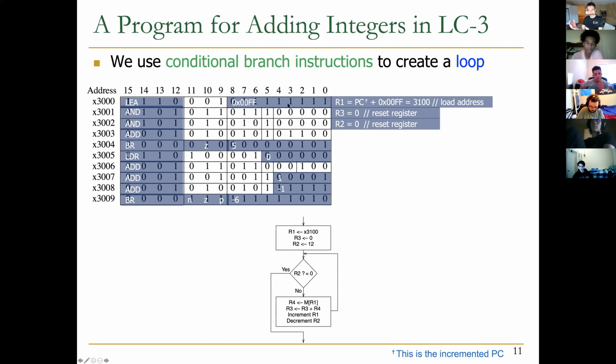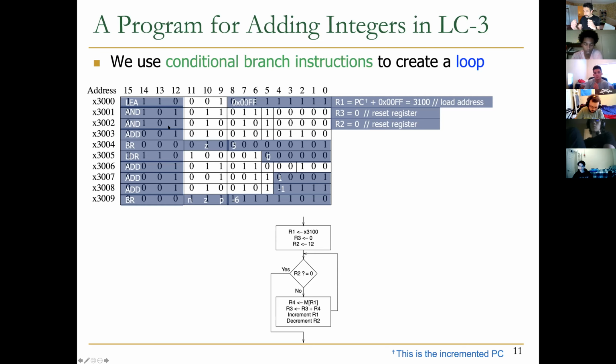When you AND whatever register with 0, the result would be 0. So the destination is R3 itself. We AND R3 with 0 and put it to R3 in order to reset it to 0. So you can follow the logic here.